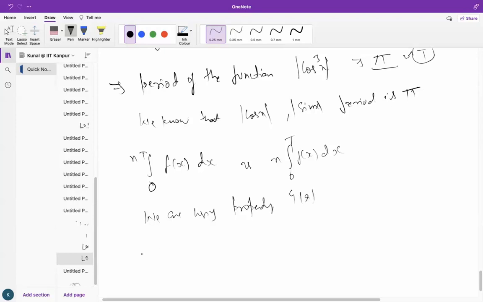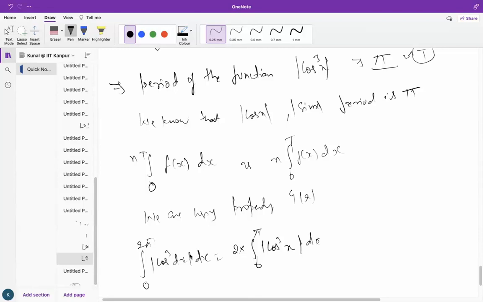So our integral from 0 to 2π of |cos³x| dx will be equal to 2 times the integral from 0 to π of |cos³x| dx.